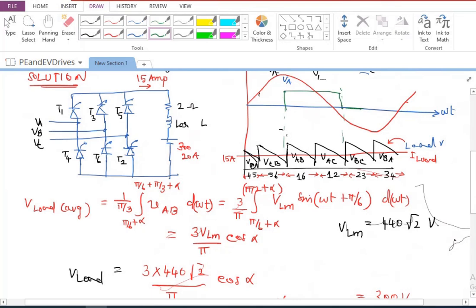And for 60 degrees, it is going to keep mum. And from here, it is going to start again and it will continue like this. So this is going to be A phase current and this is going to be A phase voltage. So this is going to conduct for 120 degrees and for 60 degrees, it is going to keep quiet. And again, for 120 degrees, this is going to conduct like this. So this is the way we are going to have the current.